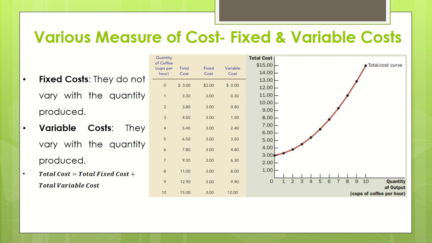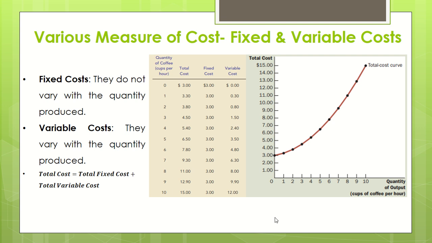Like for instance, cost of land, cost of building, the cost of equipment and machinery that are installed in the firm, and all these costs are considered as fixed costs, that they do not vary with the quantity produced.